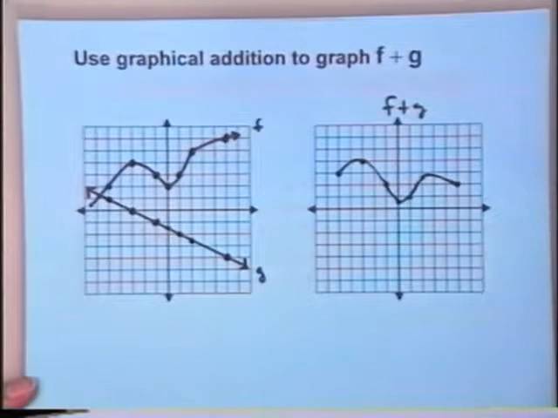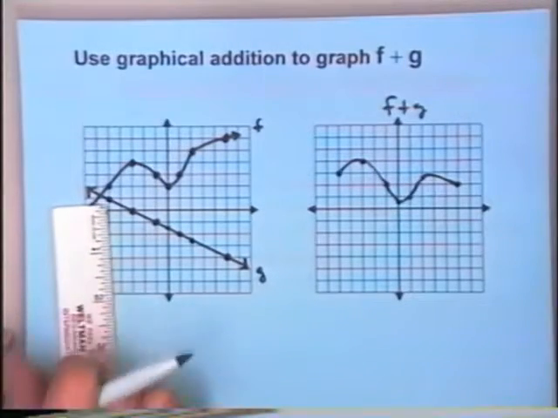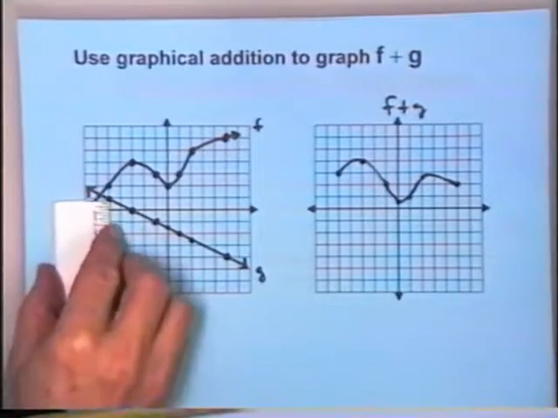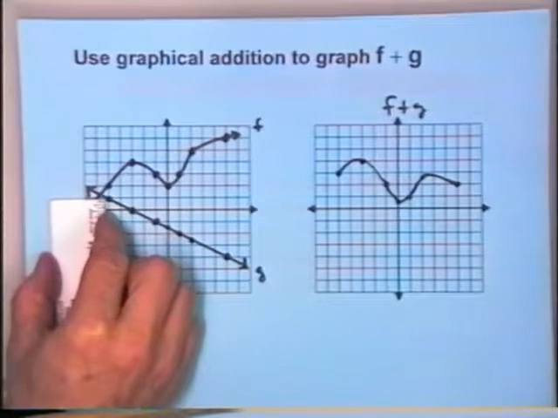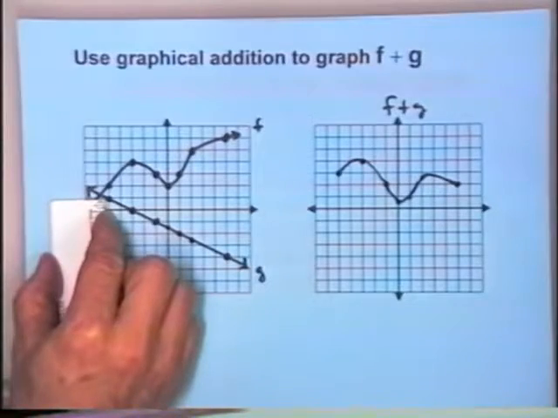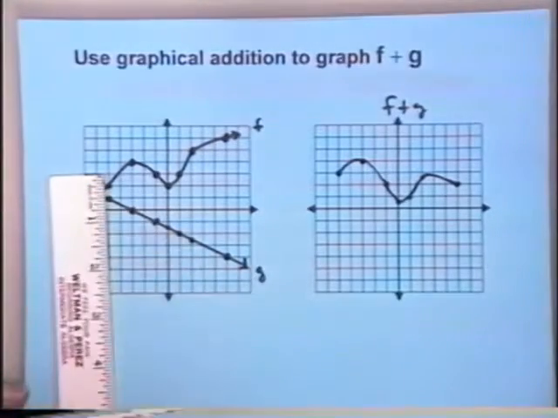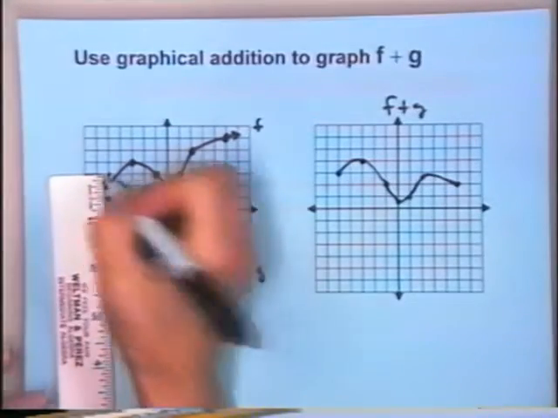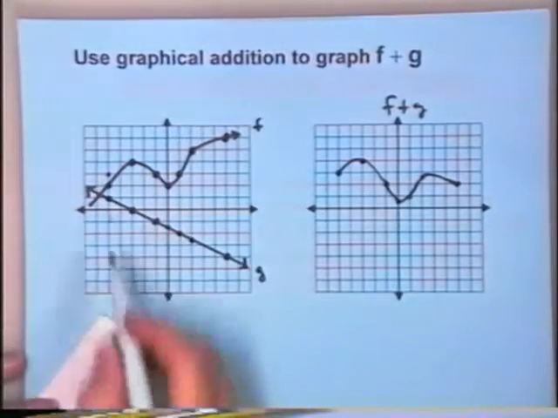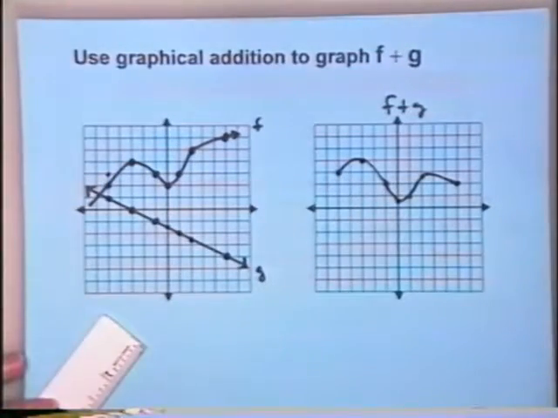Now, another way that you can sort of do this without actually adding the coordinates is to think about doing something like this. With a ruler or something, you can measure from your x-axis the distance up to that y value on this function down here, and then take that up to this other function and add that on there. And you'll notice that would put your point right here. That would correspond to this point that I have right here, wouldn't it?